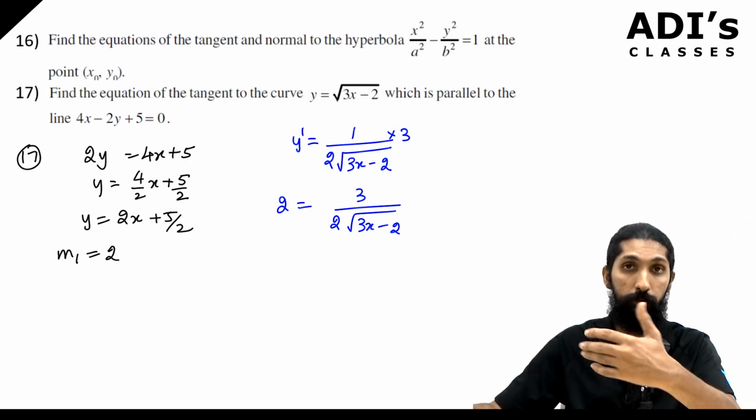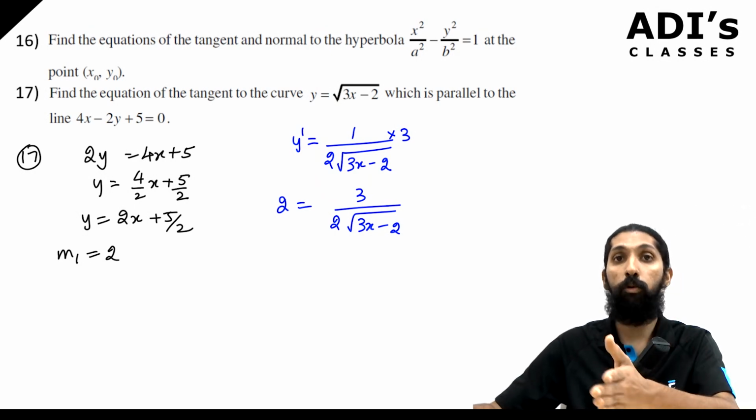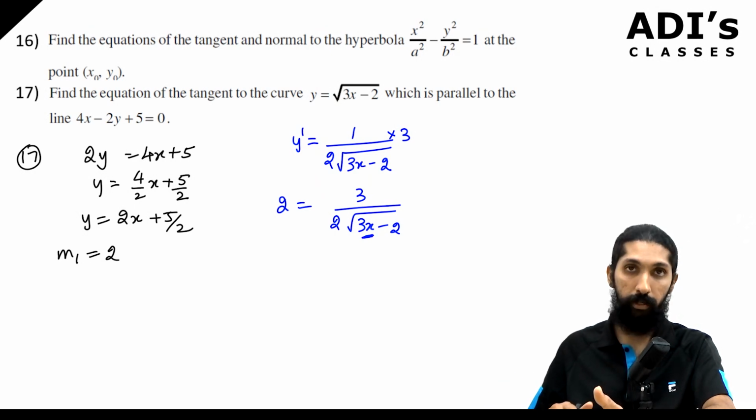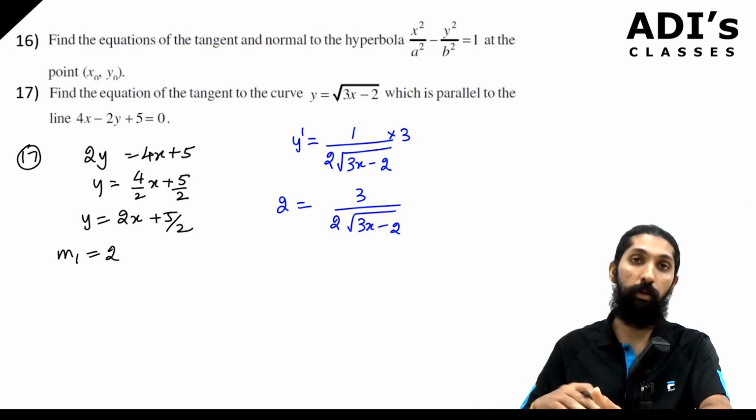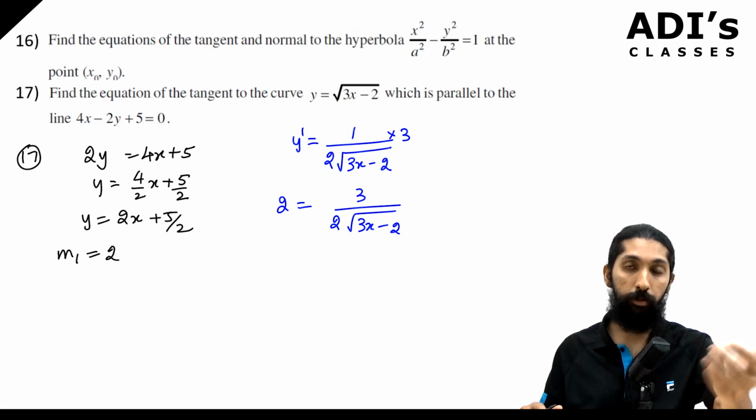That is the whole point of the question. With the help of that slope m, we can calculate the value of x. Once you know the value of x, substituting that would give me the value of y. That's the method we are going to use here.